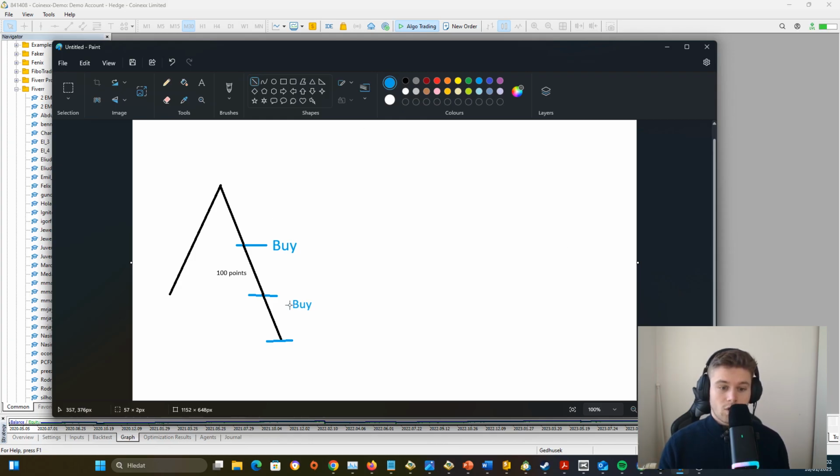Now the price only has to come back right here. At this point we are at break even and we can close all of our buy positions, or we can wait a little bit longer and then close with profit. And this is how it works basically.